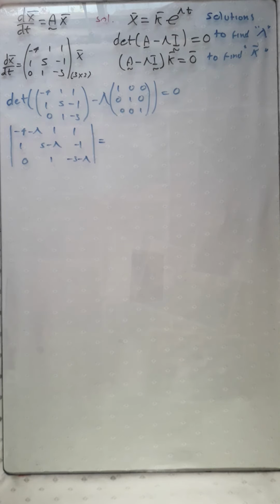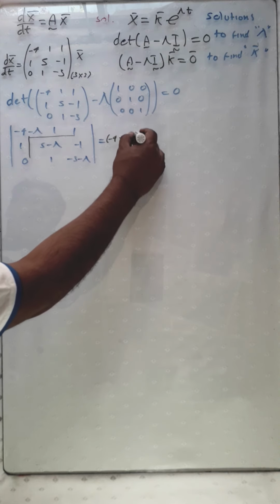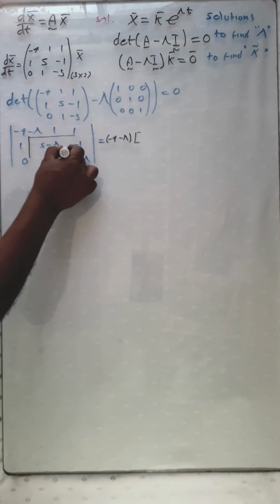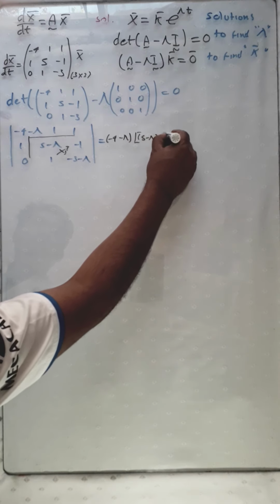I usually use the cofactors method, which means you choose this minus 4 minus lambda, and then this times this minus this times this: 5 minus lambda and minus 3 minus lambda.